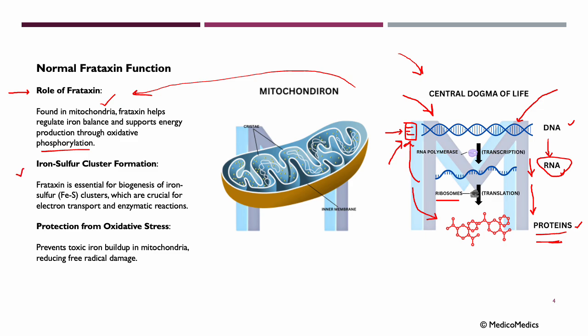Frataxin is also essential for biogenesis of iron-sulfur clusters, and these are crucial for electron transport and enzymatic reactions. These clusters are required for oxidative phosphorylation, which is the process that mitochondria use to generate ATP, which is the cell's main energy source.